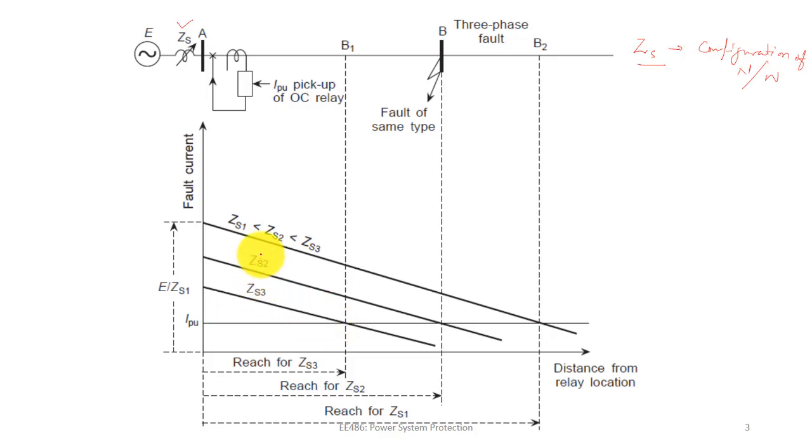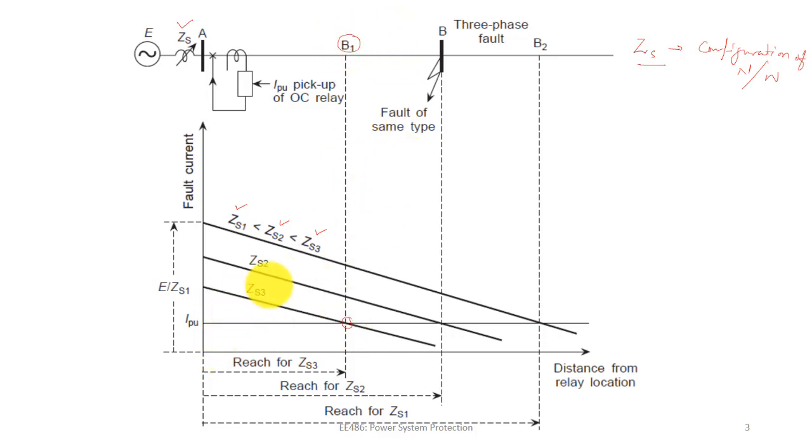We can see here, if we consider ZS3, which is the highest value of source impedance, taken here. Suppose ZS1 is less than ZS2 less than ZS3, then for ZS3, which is the highest value of source impedance, obviously the reach will be the lowest, that is up to B1, right?